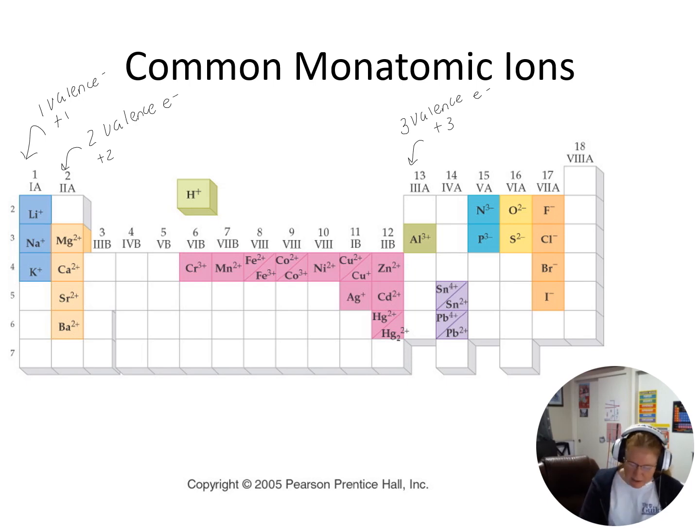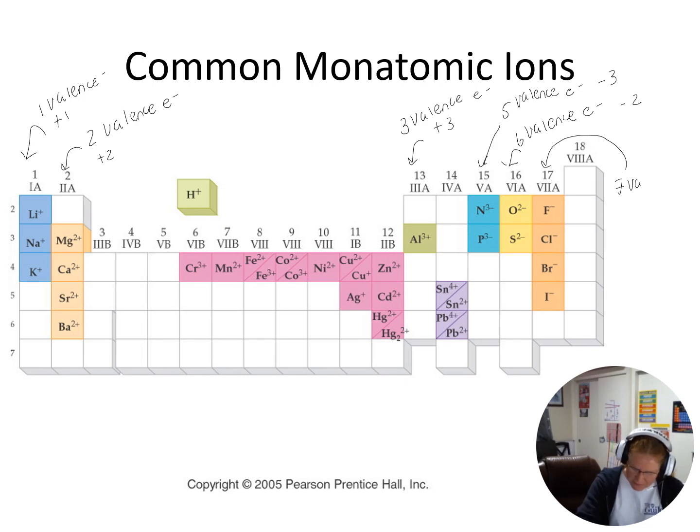Okay, and then when I get to my group 5A, they like to make the -3. 6A, -2, and then I'll drag an arrow in here. Okay, my group 7A, 7 valence. They make that -1. Okay?